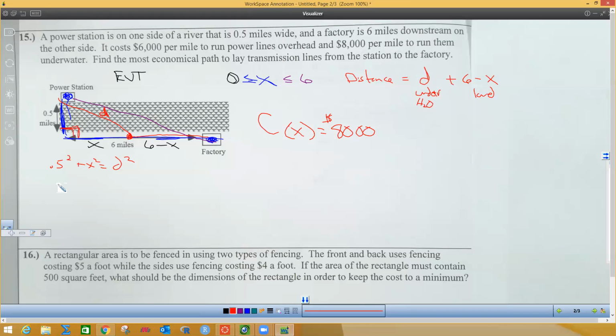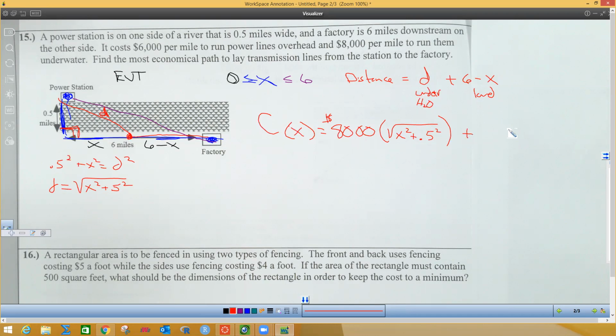So D is going to be the square root of that mess. So I'm going to put in here the square root of X squared plus 0.5 squared. So this is the underwater distance, that D going across the river, no matter what it is.